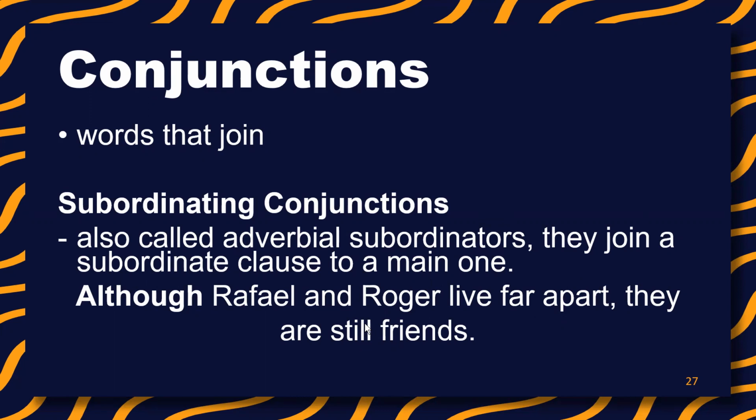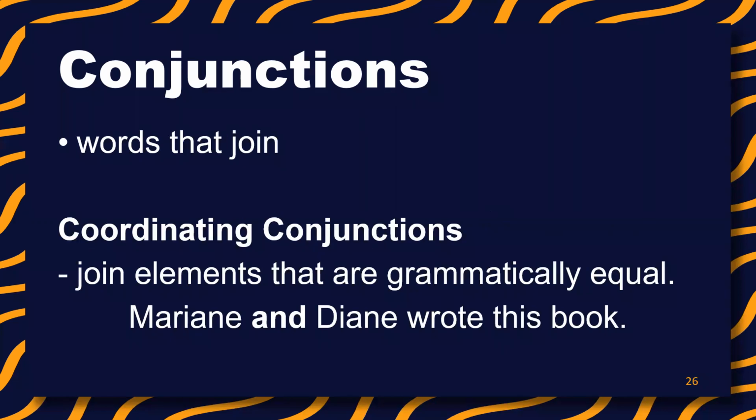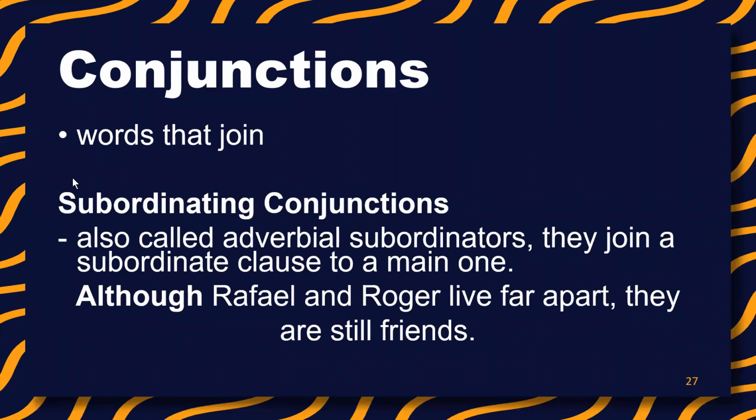So if your coordinating conjunctions are your FANBOYS, yung for, and, nor, but, or, yet, so, and your semicolon, the rest of the conjunctions not mentioned in your coordinating conjunctions are part of your subordinating conjunctions already. Although, because, even though, you know. They join a subordinate clause to a main clause.